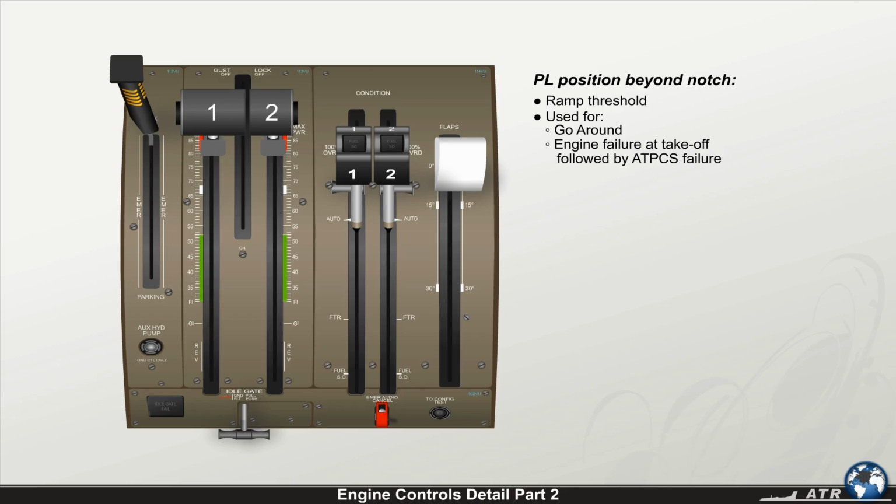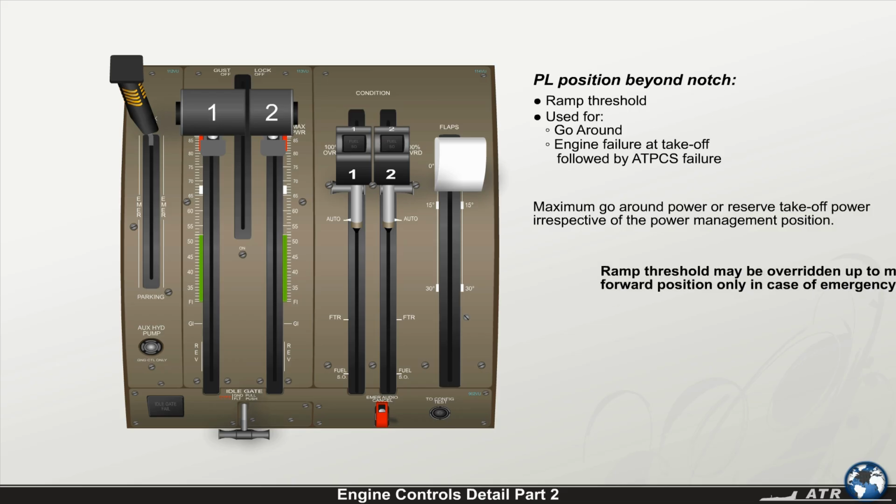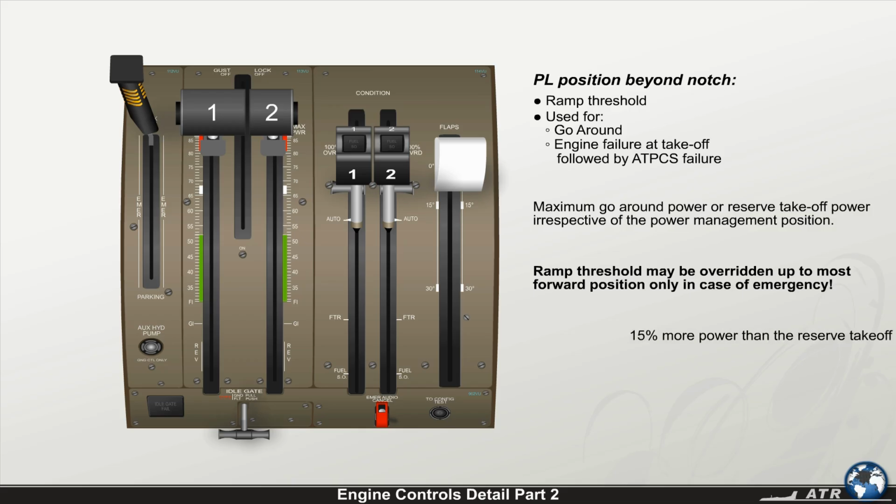In this position, the power delivered is the maximum go-around power or reserve takeoff power, irrespective of the power management position. The ramp threshold may be overridden up to the most forward position only in case of an emergency. This situation provides up to 15% more power than the reserve takeoff power.